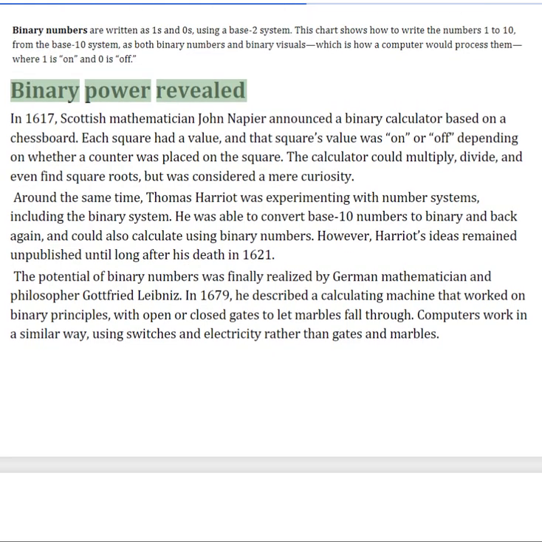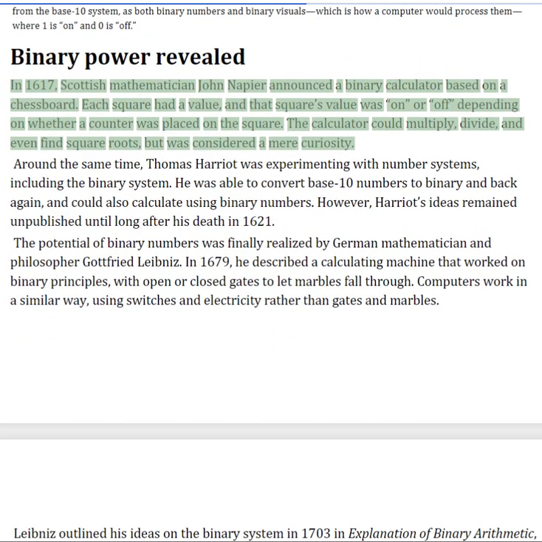Binary power revealed. In 1617, Scottish mathematician John Napier announced a binary calculator based on a chessboard. Each square had a value, and that square's value was on or off, depending on whether a counter was placed on the square. The calculator could multiply, divide, and even find square roots, but was considered a mere curiosity.